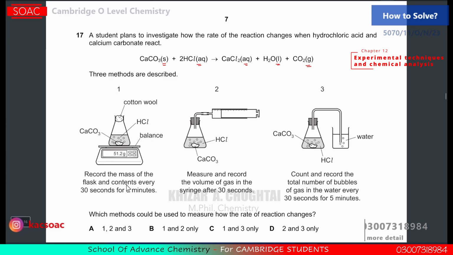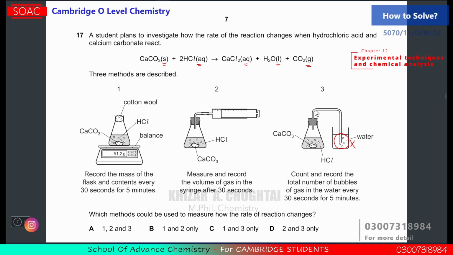Record the mass of the flask and contents every 30 seconds for 5 minutes. 2. Measure and record the volume of gas in a syringe after 30 seconds. 3. Count and record the total number of bubbles of the gas. We cannot count the bubbles in such a way.